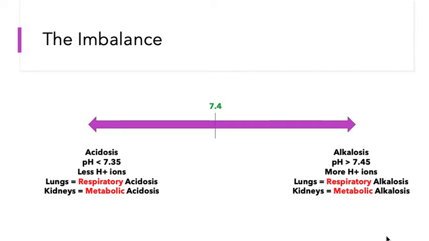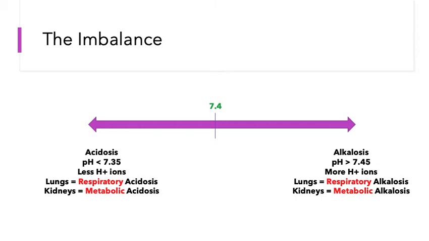If the pH goes below 7.4 or less than 7.35, we consider that blood as acidotic. So there is acidosis if the pH is less than 7.4 or less than 7.35. In other words, there are more hydrogen ions, right? So there are more hydrogen ions, therefore the patient has acidosis.